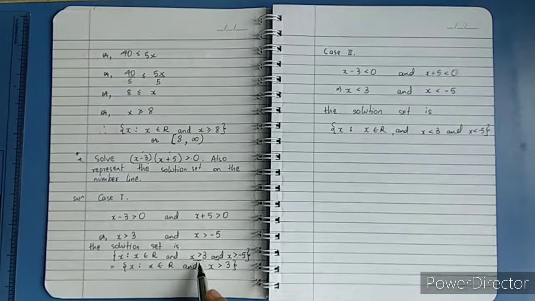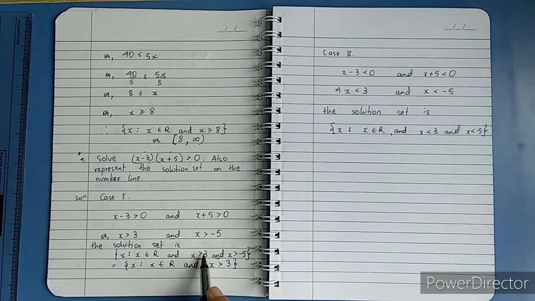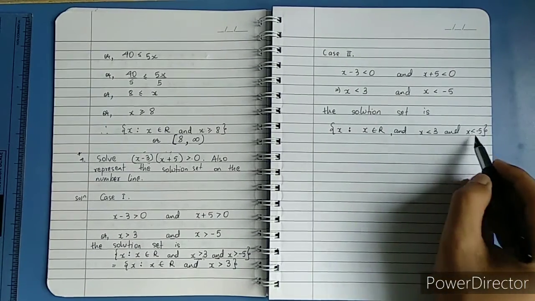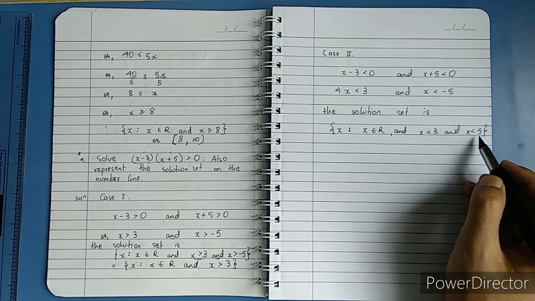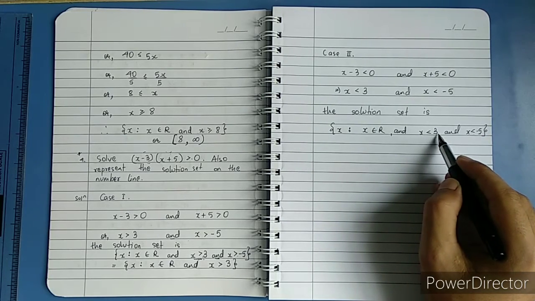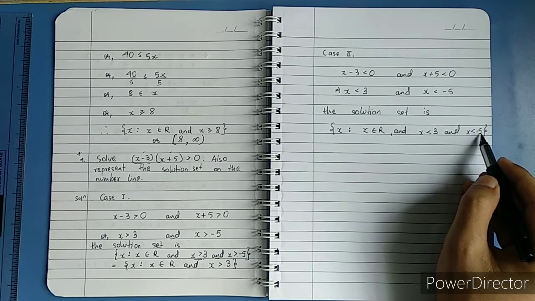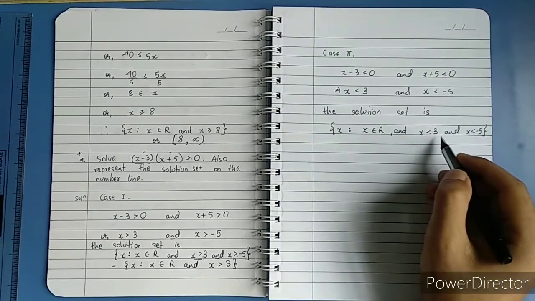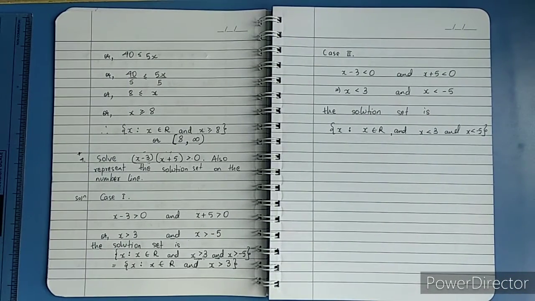In this case, when we took the greater sign, the common one in both of them was the one which had the bigger number. But when we take the less than sign, the common one in these two will be the one which has the smaller number, because x less than minus 5 is from minus infinity to minus 5, and x less than 3 is from minus infinity to 3.